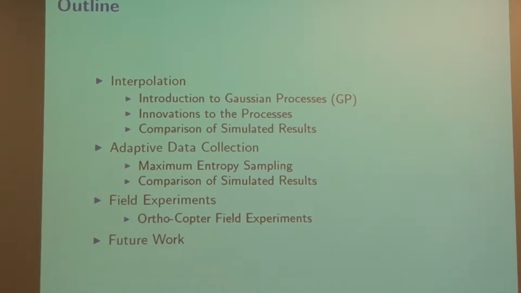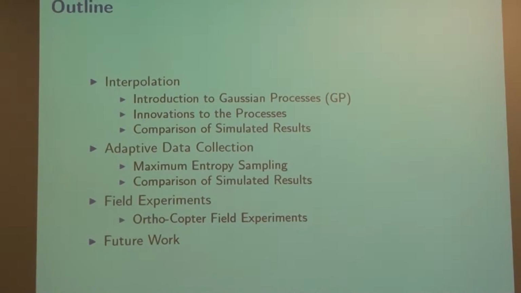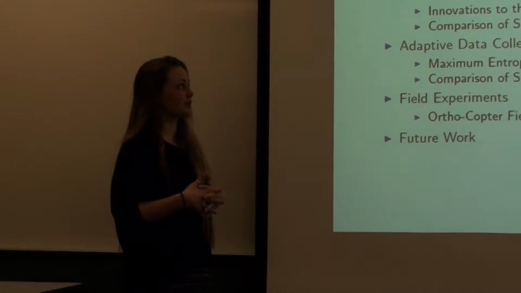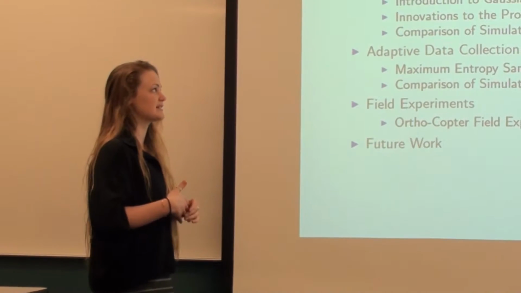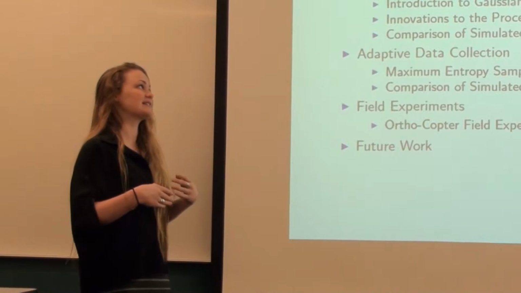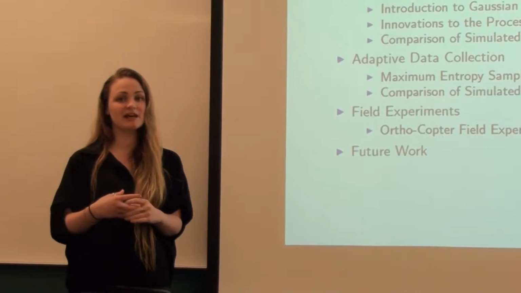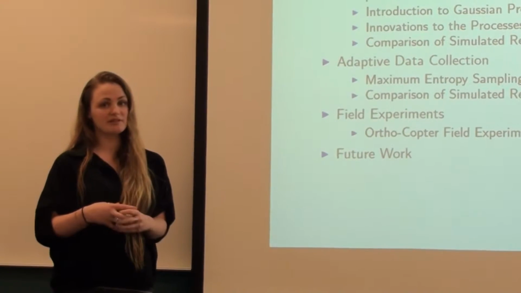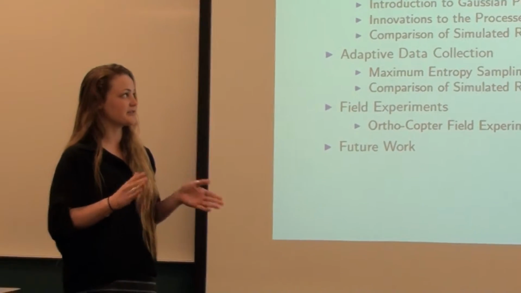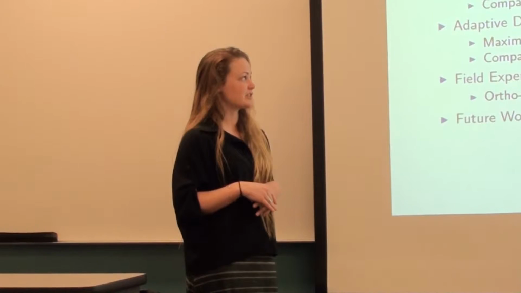So the interpolation method: I'm going to give you an introduction, kind of a reasoning for what we did, and then the background that you need to understand what a Gaussian process is, and then talk about some of the innovations that we made to this model, and then I'll show you some of the simulated results that we did, applying the different innovations, mixing and matching.